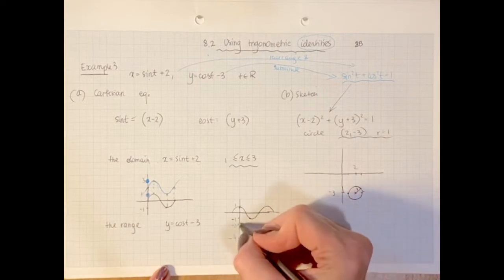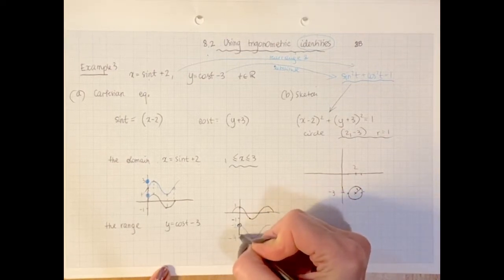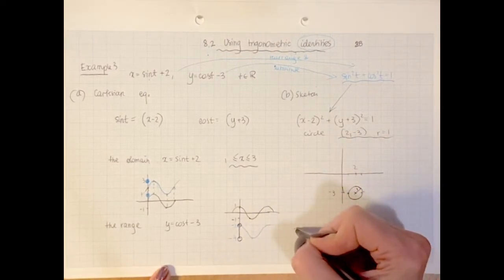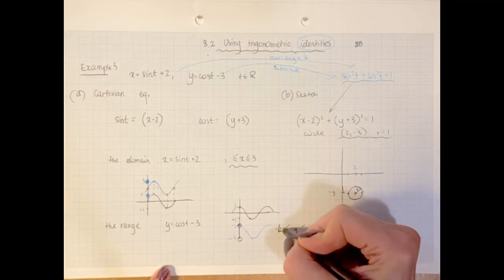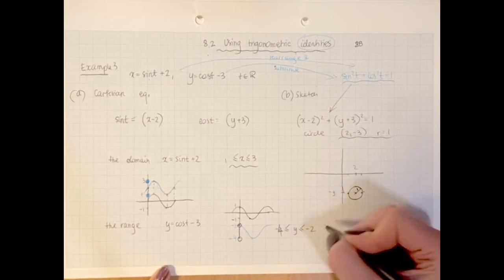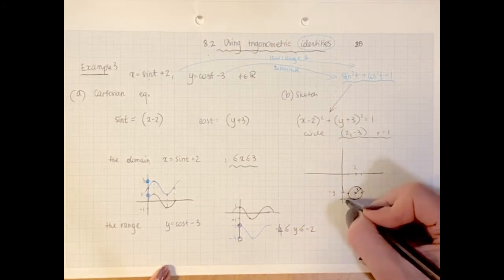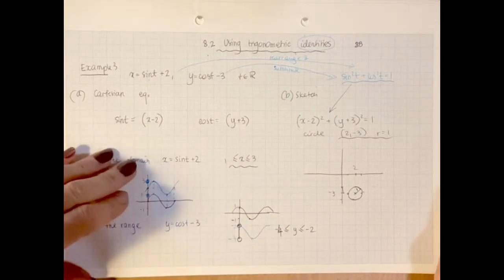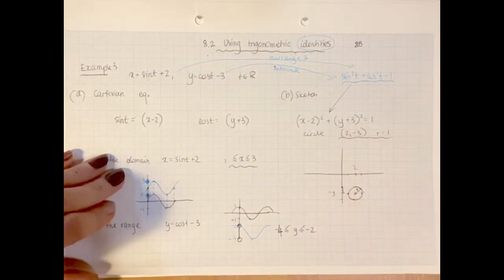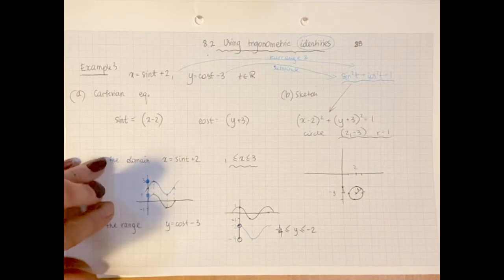So that will be the range, the possible values of y between minus 4 and minus 2. Let's just double check. There is minus 4, there is minus 2. You could have got it from the Cartesian equation, from looking at the graph that we sketched in part B.